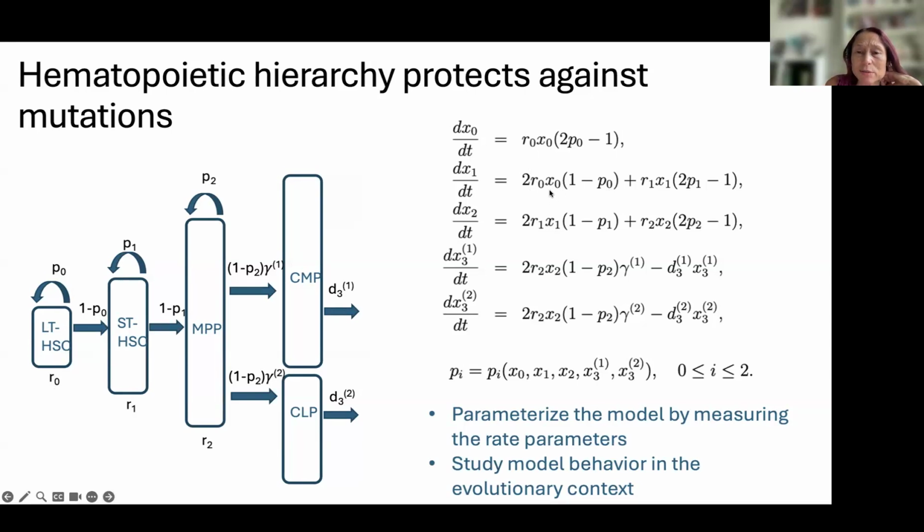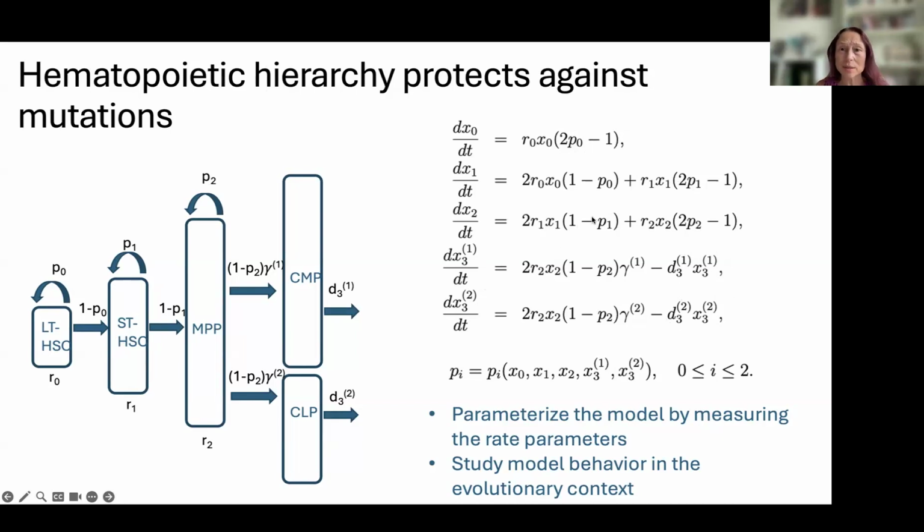And the divisions are proportional to how many cells they are. And they create 2 of these cells. So this term comes from here with a factor of 2. And it's subtracted from here. 1 minus P0 is subtracted from here. And this term is self-renewal of these minus differentiation of these. And differentiation goes here and so on. And these 2, just there is a removal rate.